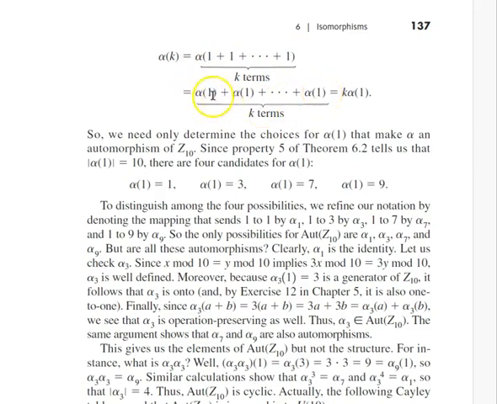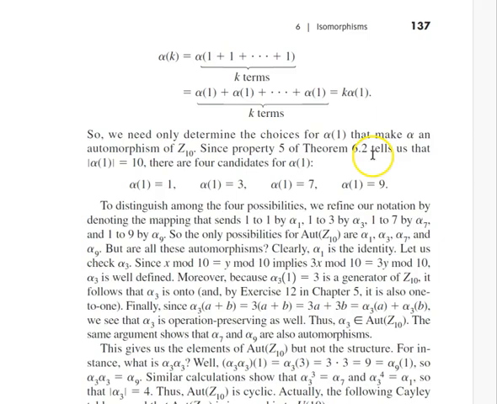But this means that because all terms are equal, we have k times alpha of 1. But alpha of 1 is known, so we know what is k times alpha of 1. So we need only determine the choices for alpha of 1 that make alpha an automorphism of Z10.